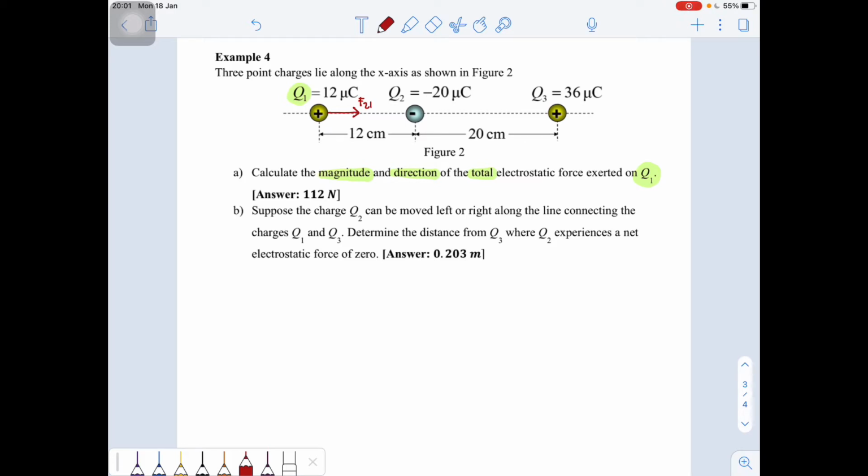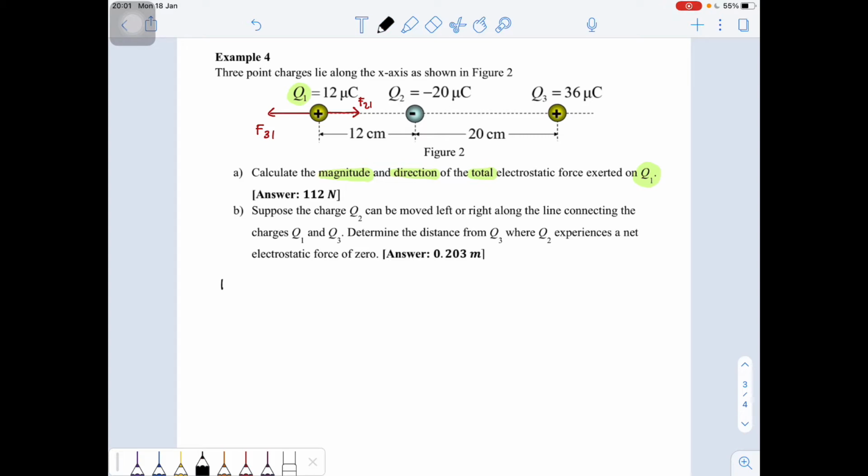And now Q1 and Q3, one is positive and the other one is also positive, so they will repel each other. So there will be a force F31.